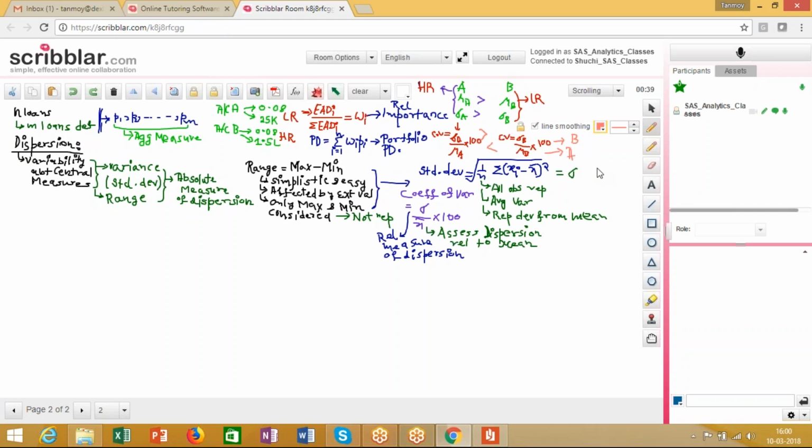Clear? So this is how the measure of coefficient of variation is used to compare between two distributions and to understand which one is more risky and which one is a relatively less risky distribution. Clear?